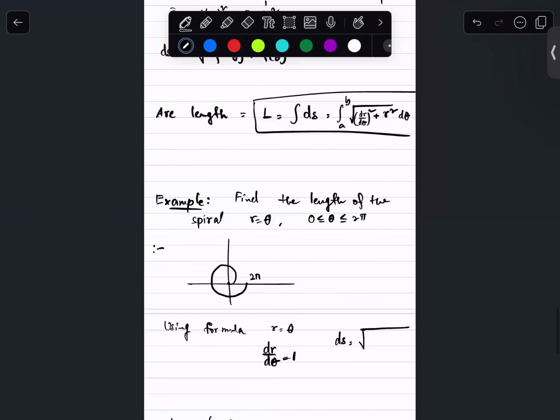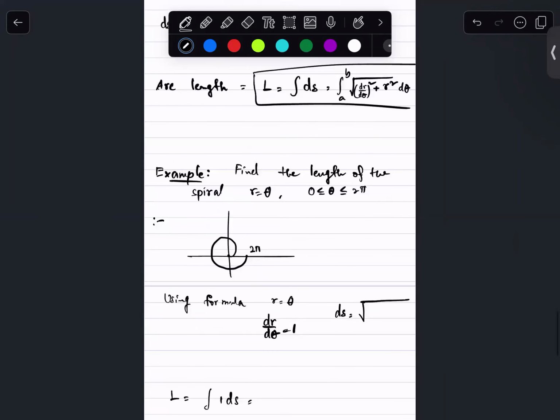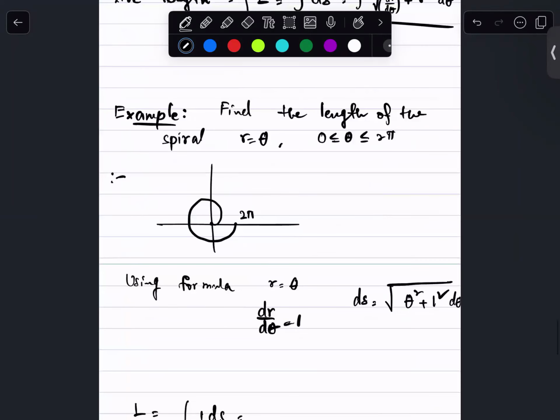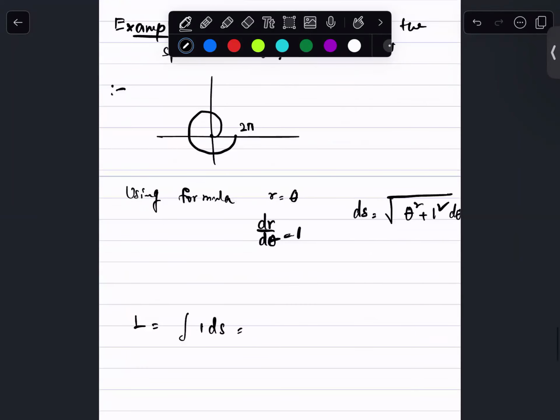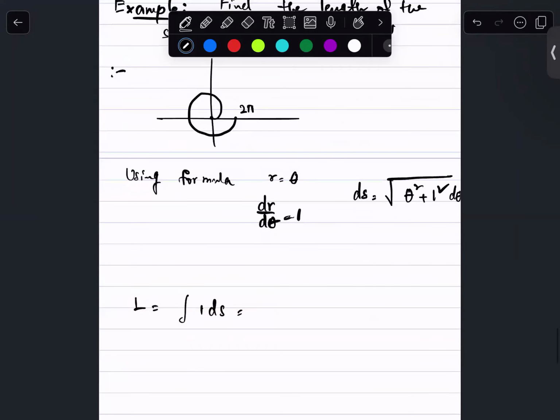the square root of r² plus (dr/dθ)², and dθ at the end. So this is the expression for ds. So my arc length will be the integral of ds, which is from 0 to 2 pi of the square root of 1 plus θ², dθ.